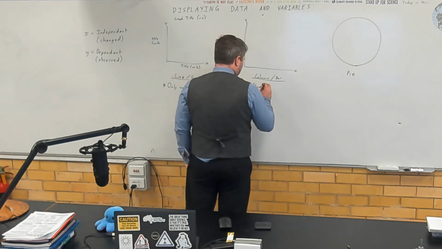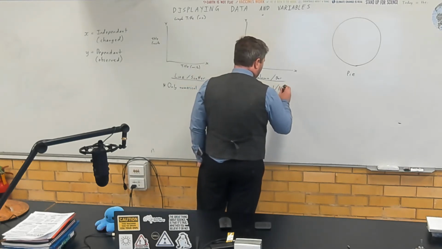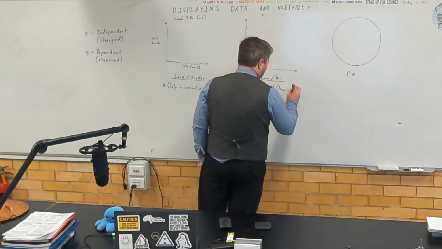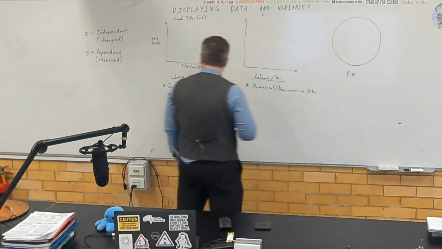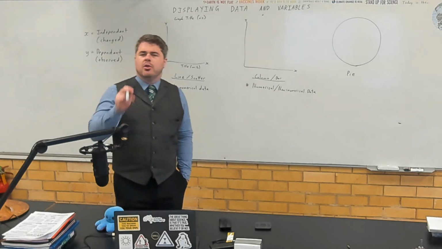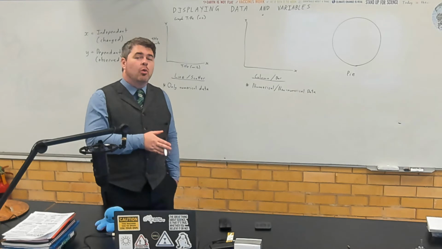Now, for a column graph, it's a blend between numerical and non-numerical data. So this means that we're looking at two sets of information, one of which is reliant on numbers, the other one is separated into categories.